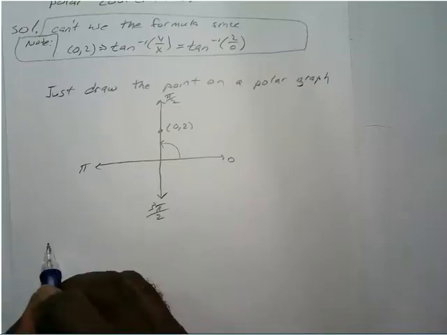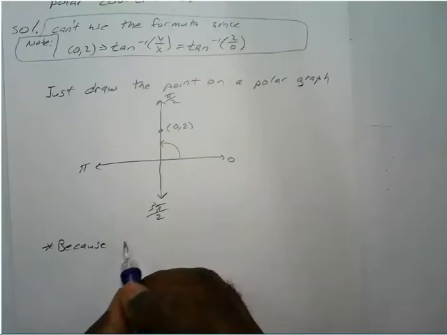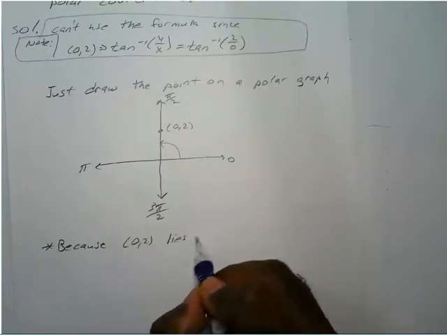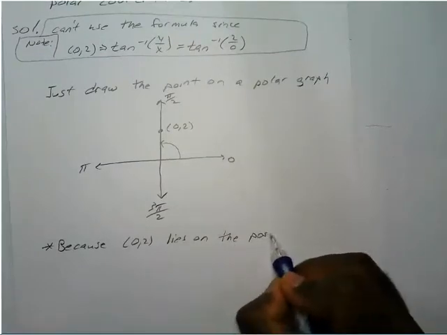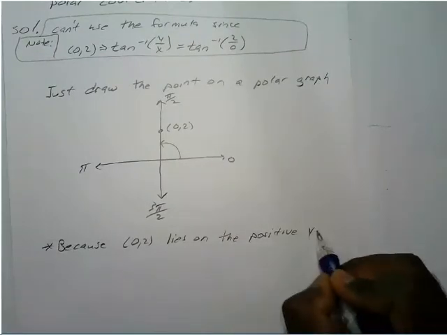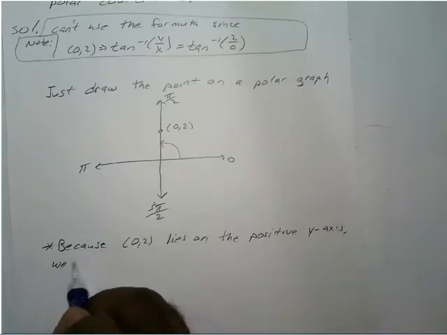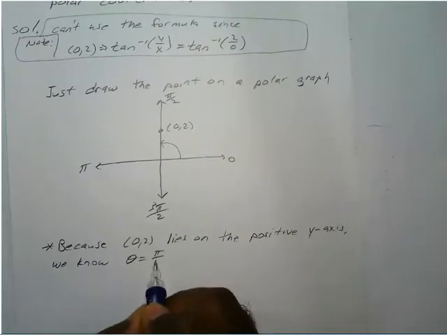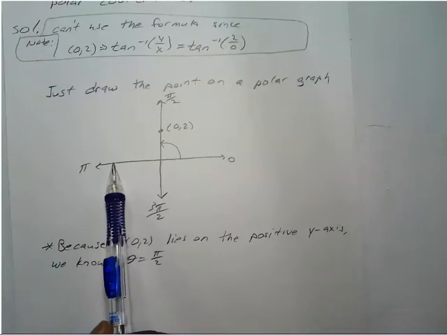Because the point (0, 2) lies on the positive y-axis, we know that theta is equal to pi over 2. Now if the point was right here, then our theta would be pi.